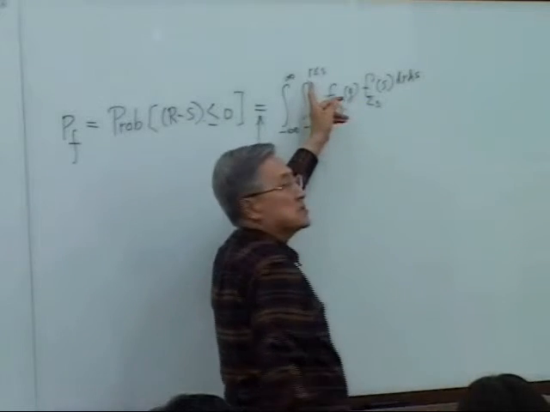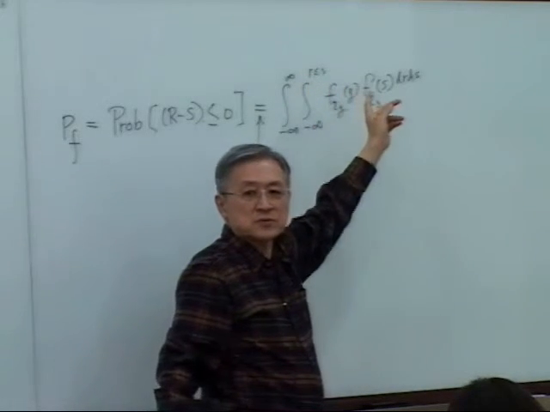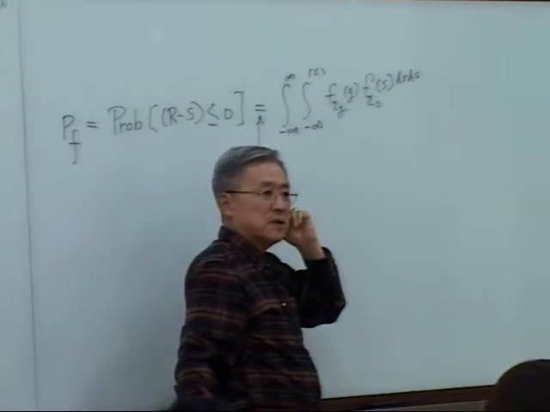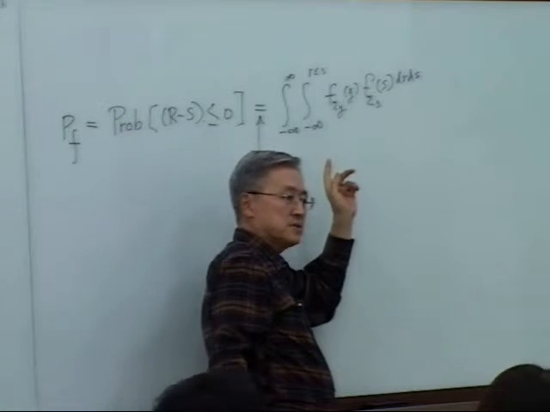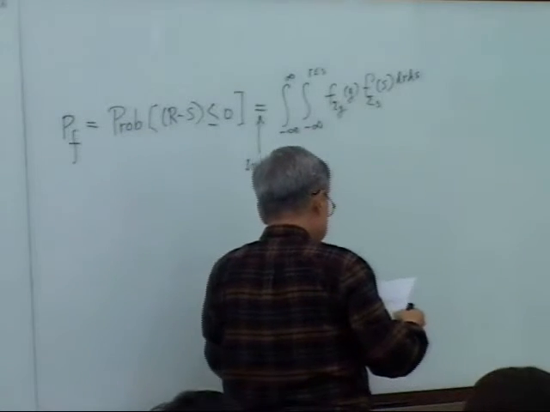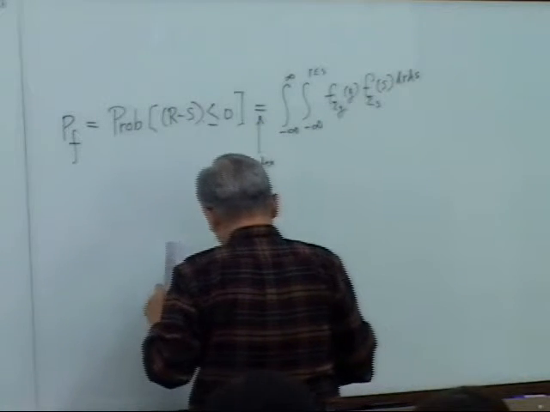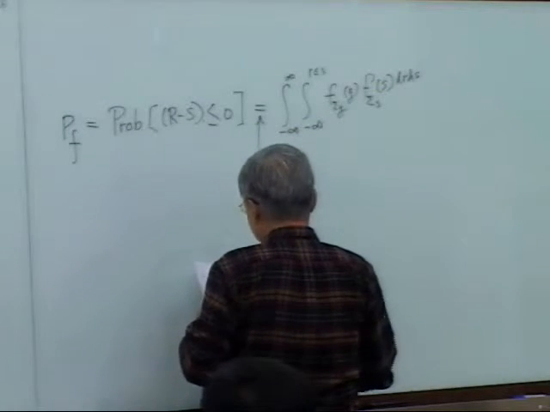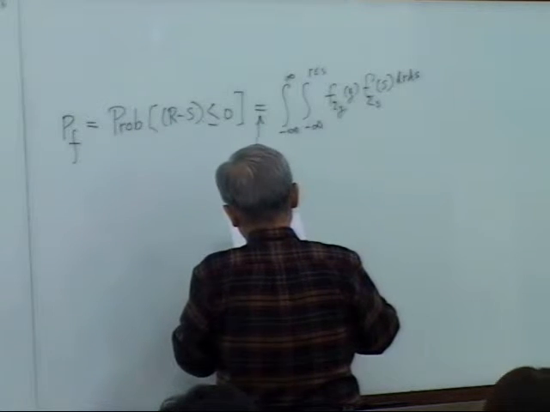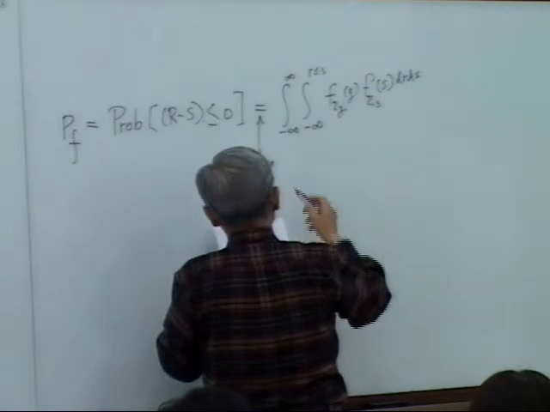This is very easy, nice to use a notation for the region. R is always less than or equal to S. And you can bring the double integration in here.